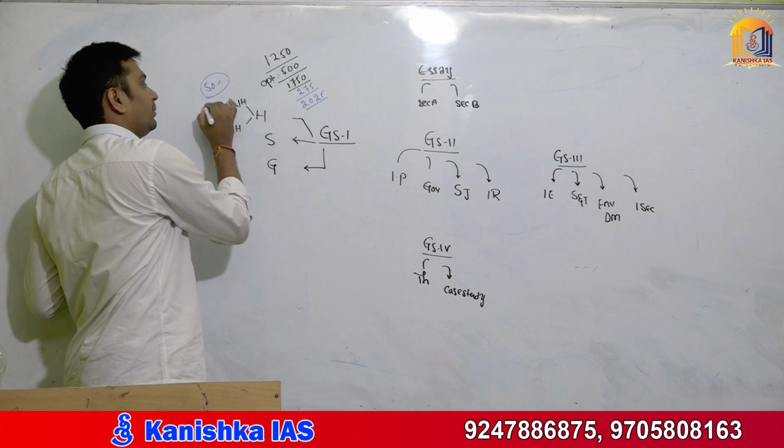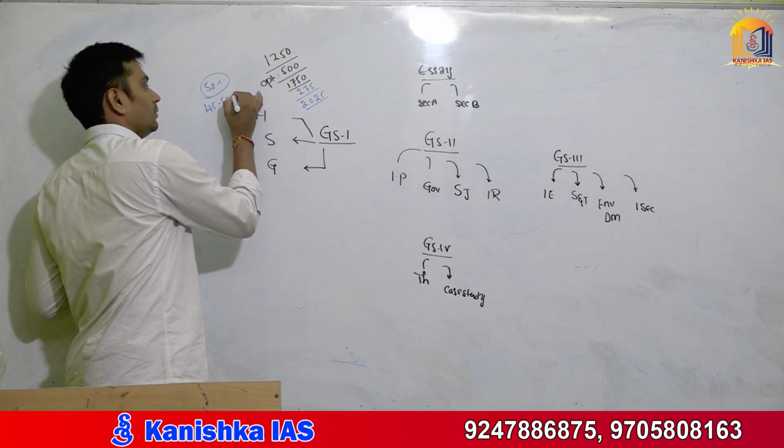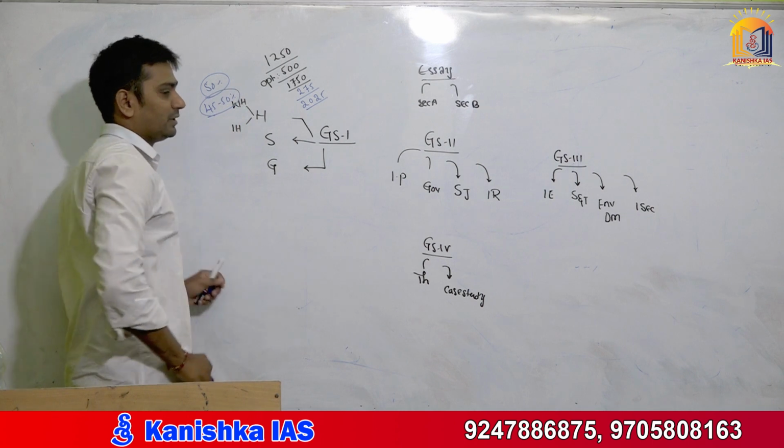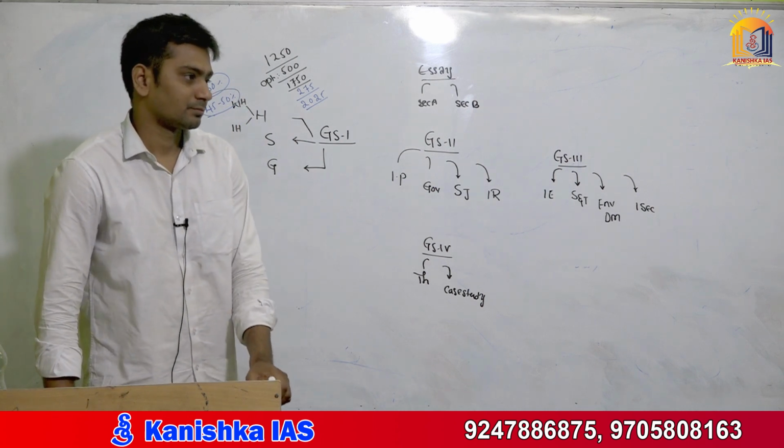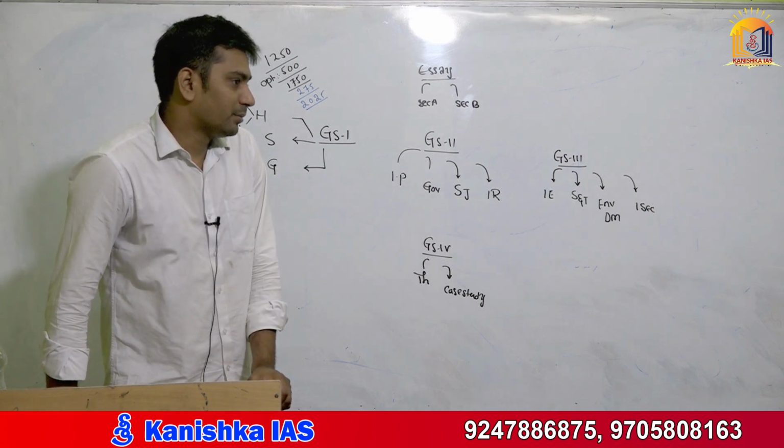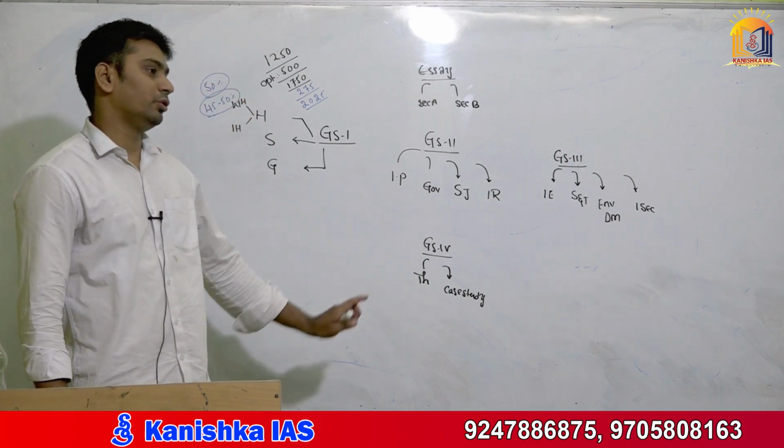And if you are getting anywhere between 45 to 50%, as a general category student, you will get a rank less than 200.